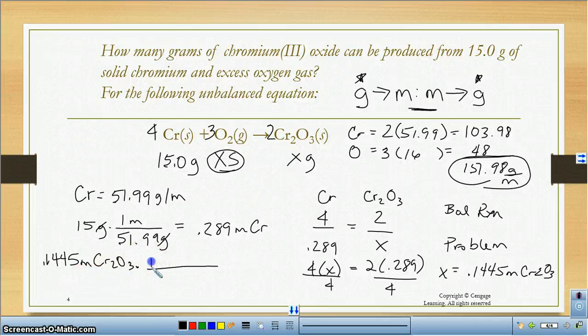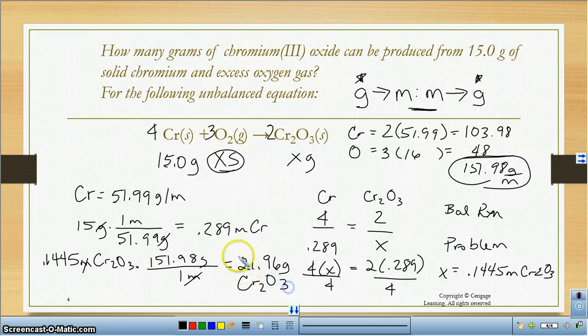So I'm going to take 151.98 grams over 1 mole, cancel my moles, multiply 0.1445 times 151.98, and my answer is 21.96 grams of Cr2O3. And that's my final answer.